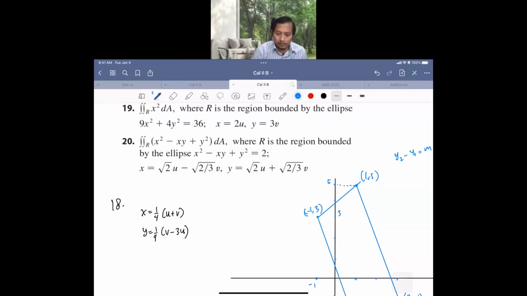So we could check x minus y equals negative 4 and x minus y equals 4.